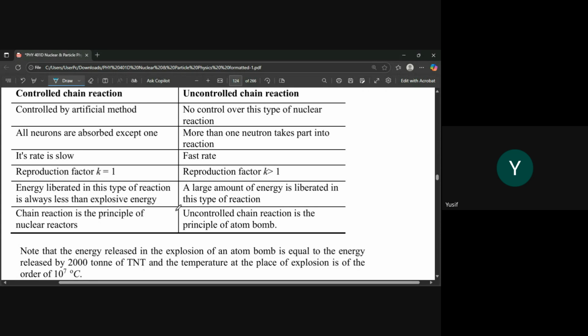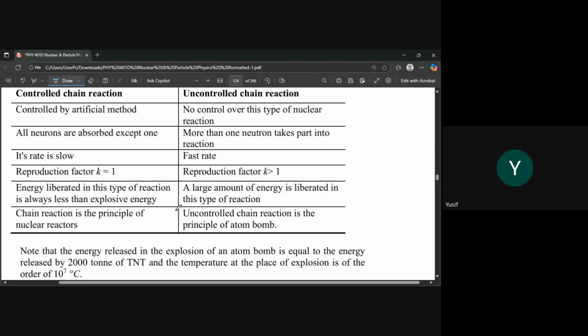But with the uncontrolled one, the amount is so huge that when it explodes, you don't know the amount of energy contained in the reactor or in the process. So trying to evacuate or find a system to block the energy produced is very difficult.